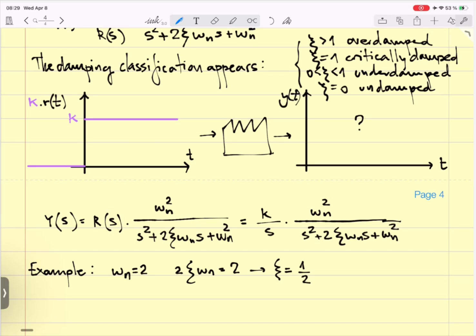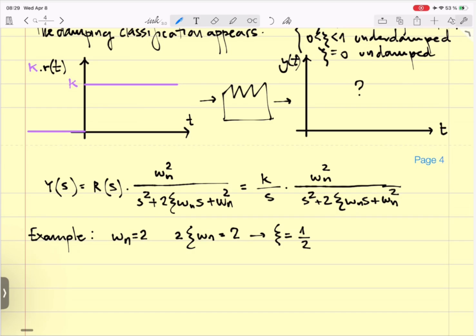Sometimes I could do it with parameters, but sometimes it's easier to do it with numbers.